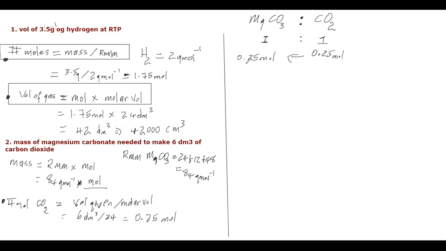So having now found the moles of magnesium carbonate, we could go back to finding the mass of the magnesium carbonate, which was what they originally asked us for. That would be equal to the RMM, which we had worked out already, times the moles that we just got, which is 0.25 moles. And what mass would that work out to be?